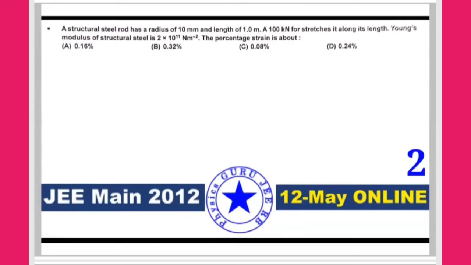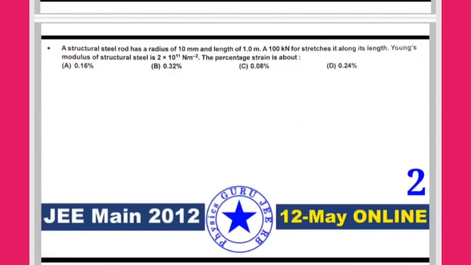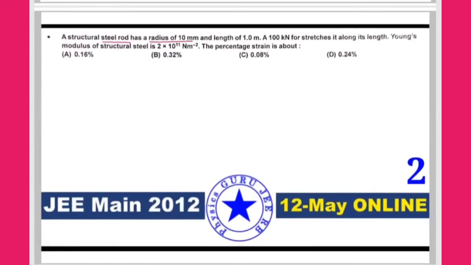Next, 2012, same. In 2012, 12th May examination, there are two questions, the first and the second. You can see here the structural steel rod, and the radius is given as 10 millimeters. Let me write the values here.